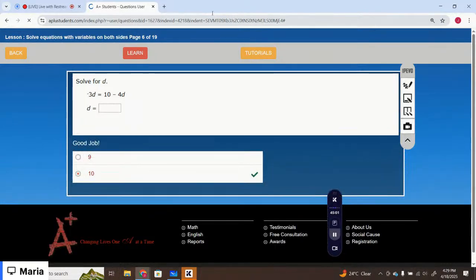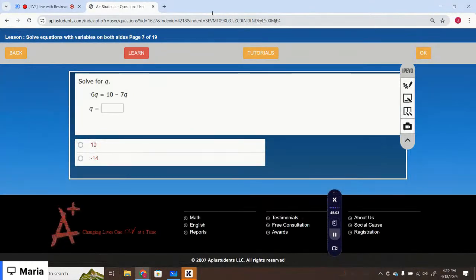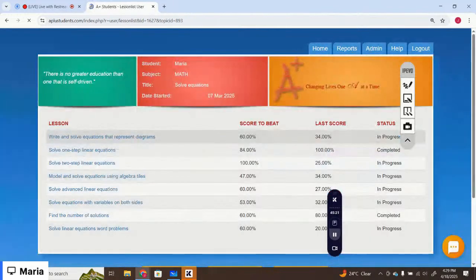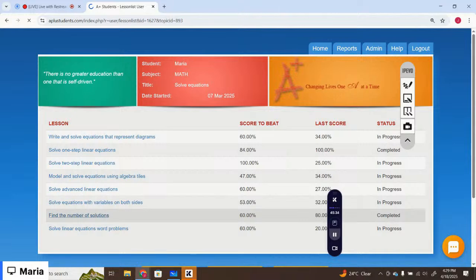Okay, you can complete the lesson by yourself later today. Let me just move on to the next lesson. The next lesson is find the number of solutions.